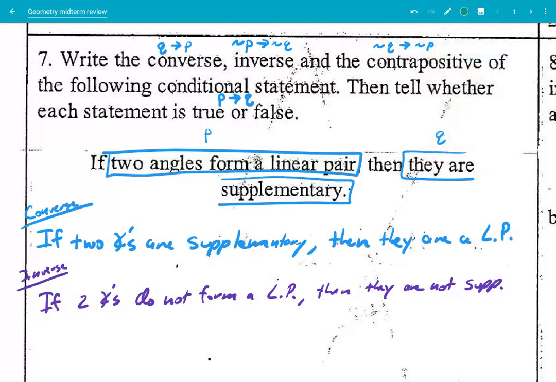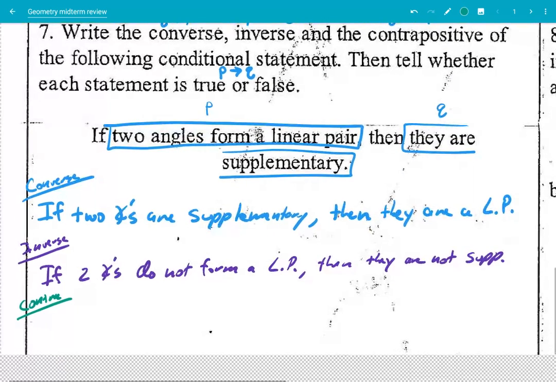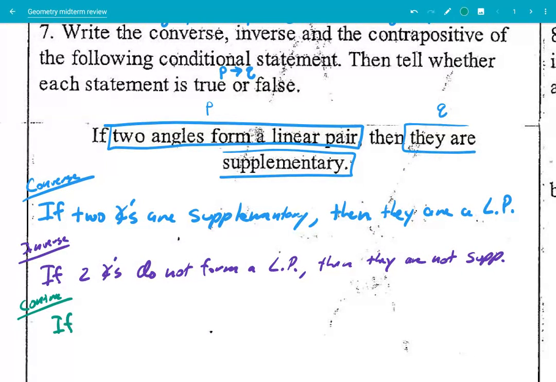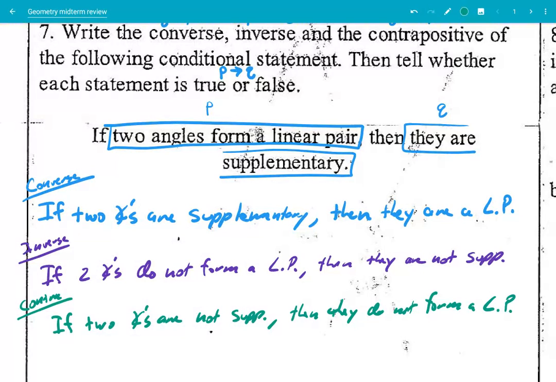Okay. Next, this is the contrapositive. This is going to be flipped and negated. So if two angles are not supplementary, then they do not form a linear pair. There we go.